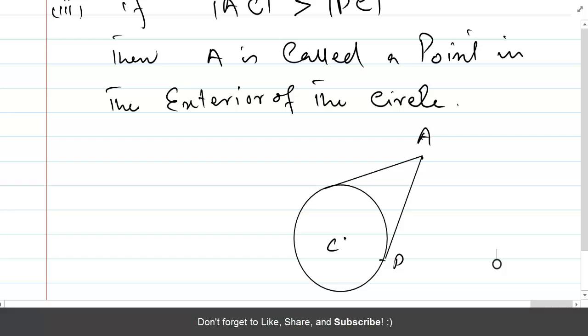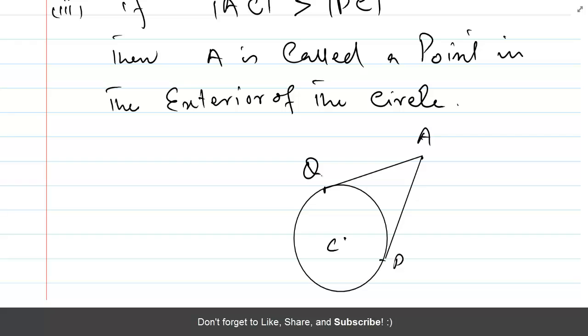Therefore, it is clear that there are possibly two tangents we can draw from a point if the point is in the exterior of the circle. Let's call this point Q. Now here AP is one tangent and AQ is another tangent.